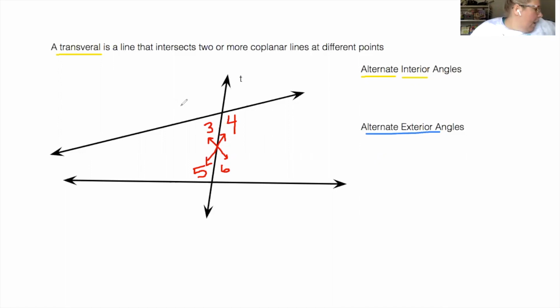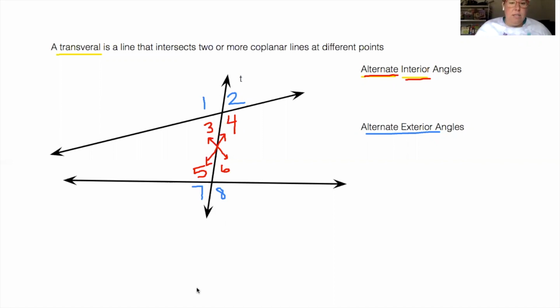Exterior means on the outside of the line. So if this is angle 1, this is angle 8, these two angles are alternates, but on the outside of the two lines. This is angle 2, this is angle 7 on the outside of the lines. So alternate interior, the red ones, alternate exterior, the blue angles, and they correspond.